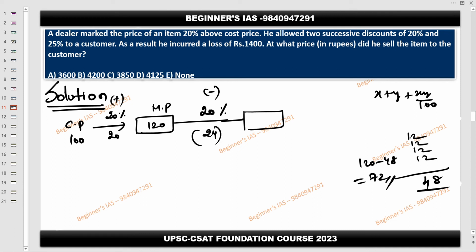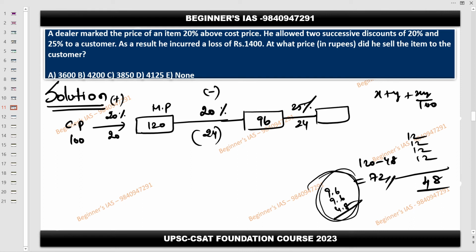Subtract here, then 96. 25% of 96 is 25 by 100 into 96, that is 96 divided by 4. So 24. So subtract here, and here also we'll get 72.